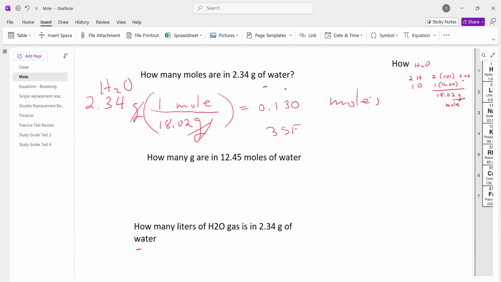We're starting with, so we want the given to cancel. And we already calculated the molar mass for water is 18.02. And that's it.